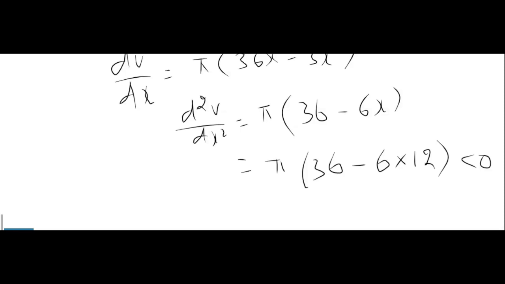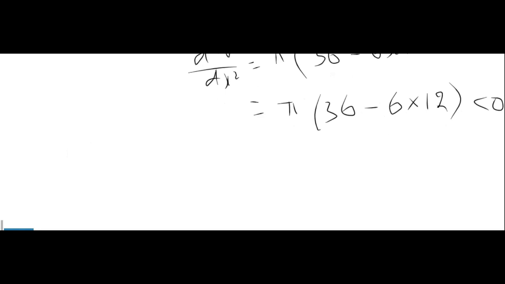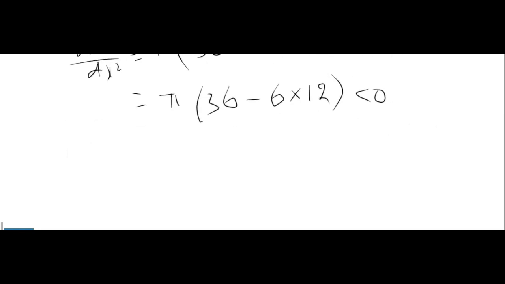Now, the volume of the cylinder at x is equal to 12 is equal to pi into 18x squared minus x cubed, is it not?